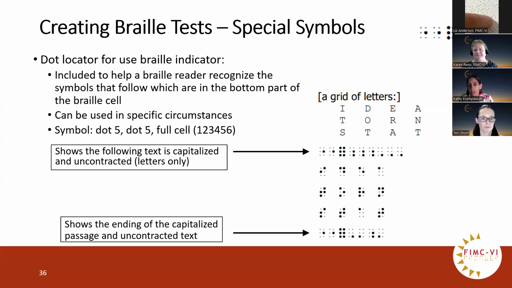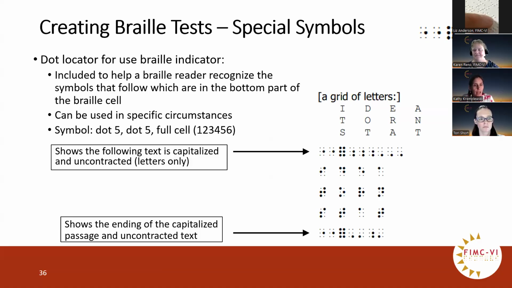And with all the letters except some of the vowels, you would need a grade 1 symbol indicator. So instead of having all of that crammed in there, and to preserve the formatting of the grid shape, you can use this dot locator for use along with a grade 1 passage indicator and a capitals passage indicator.